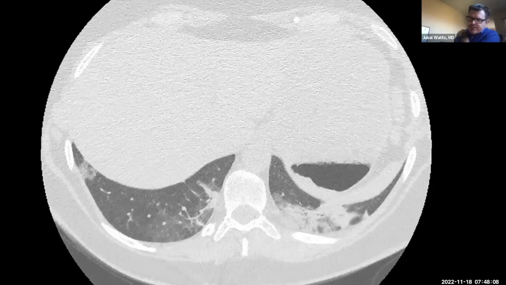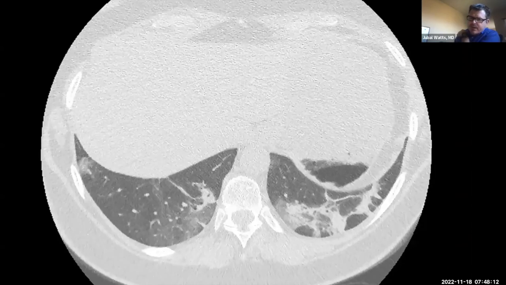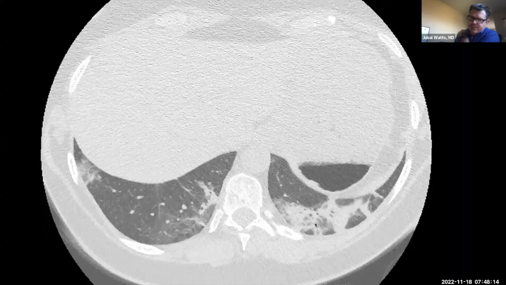And it's kind of like a variant of the reverse halo sign, what's called the perilobular sign, or perilobular consolidation. So here you can see in this posterior left base, we have a nice secondary pulmonary lobule, looks pretty normal, but then everything around it is kind of trash. The lobule next to it is completely consolidated. So you've got a secondary pulmonary lobule and then all this perilobular consolidation around it.